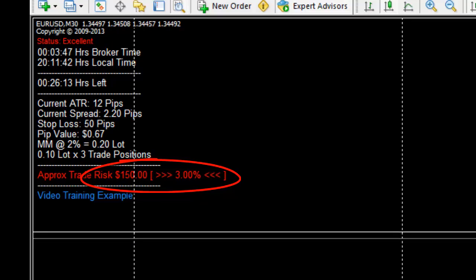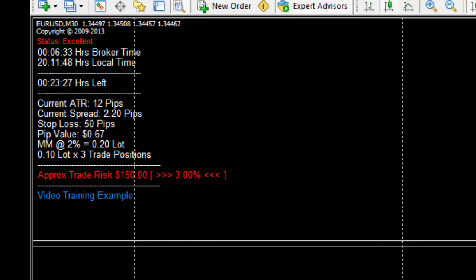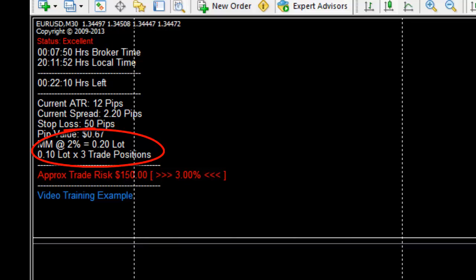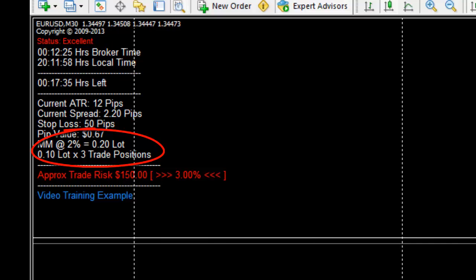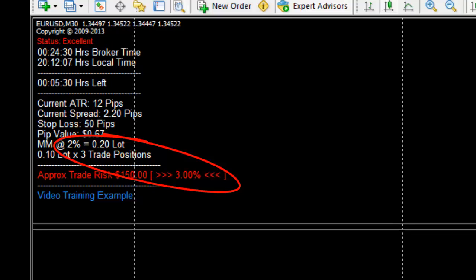Our trade risk should have been $100, but it's forced to be $150 because 0.1 is the smallest we can trade, therefore 3 lots of that is 0.3, and 2% of our capital as a risk will be trading 0.2 of a lot. So here we are trading at 0.3 in total, which means that we have now moved from a 2% risk into a 3% risk.